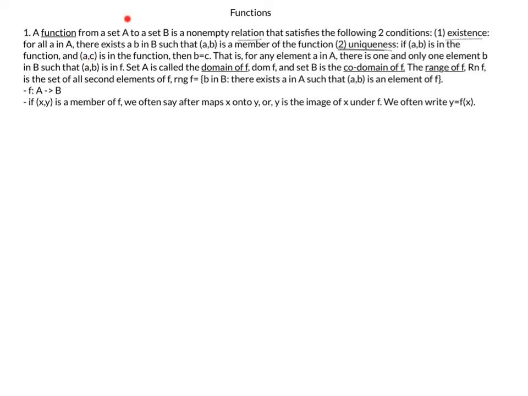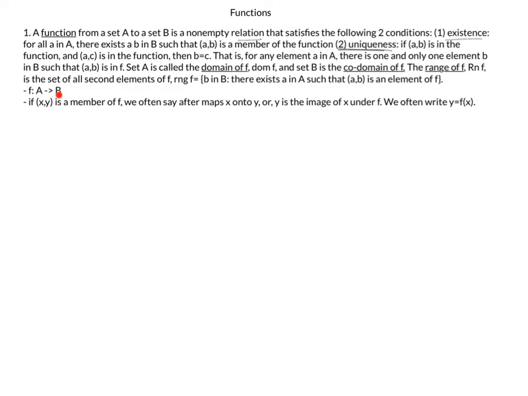That is, every element a in the set A gets mapped to exactly one value, b, from set B. Set A is called the domain of F, sometimes abbreviated dom F, and set B is called the codomain of F. The range of F, denoted ran F, is the set of all elements b in the set B such that there exists an a in the set A such that (a, b) is an element of F. So the codomain is what is valid to be mapped to, and the range are the specific values that have something mapped to them.